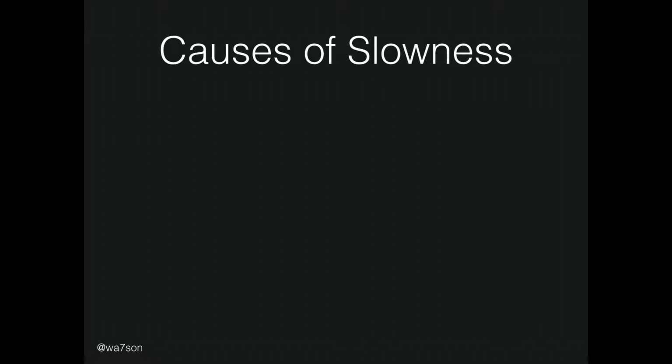So what can be the causes of slowness? We all know that Node.js is single-threaded. Some of you might know it's single-threaded. And that's not necessarily a cause of slowness. I put it in parentheses because it's something we have to work around.